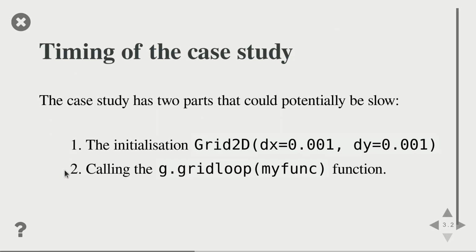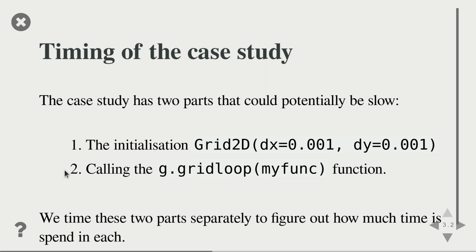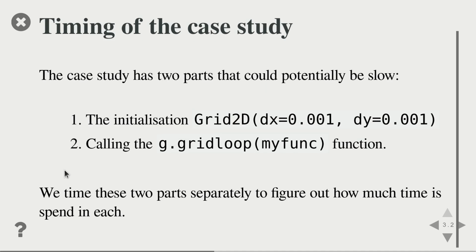So in our case study, we have two parts that could be potentially slow. The first part would be that the initialization of the grid takes a lot of time. And the second part could be that this calling g.grid loop is slow. So in order to dissect and identify the slow part, we need to do the timing for each of them separately.